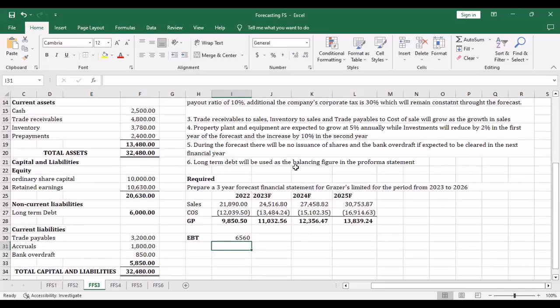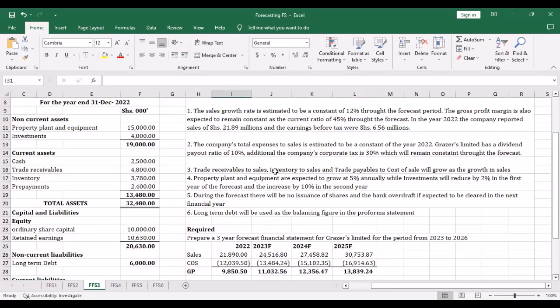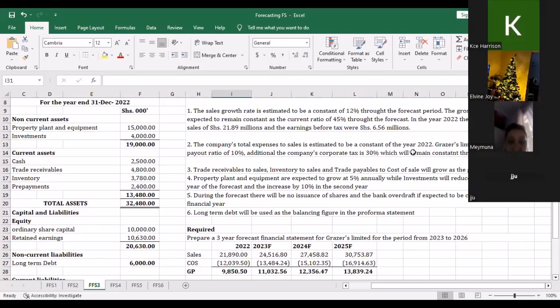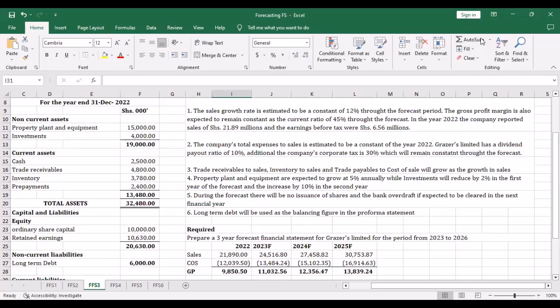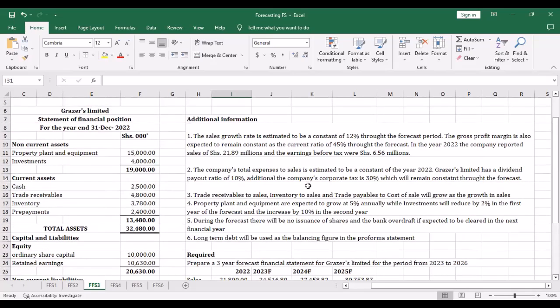Then I will continue. We'll go to the next one where they say the company's total expenses to sales is estimated as a constant of the year 2022. Gracers Limited has a dividend payout ratio.